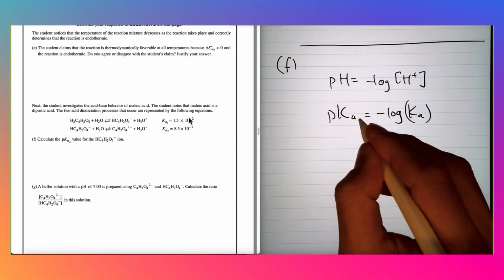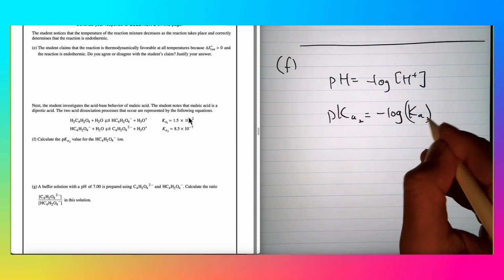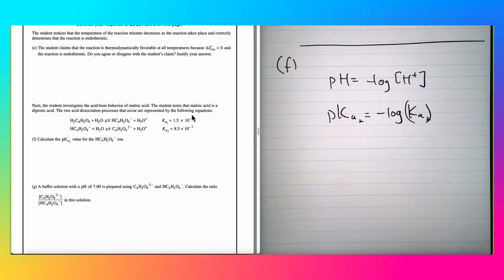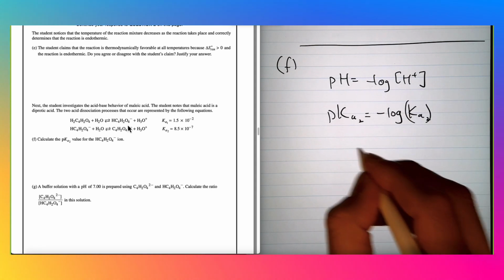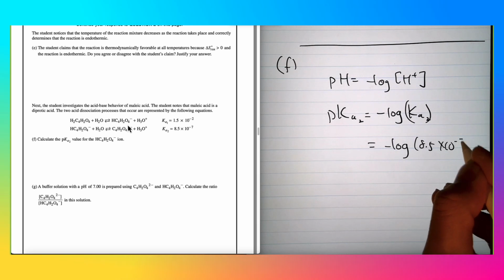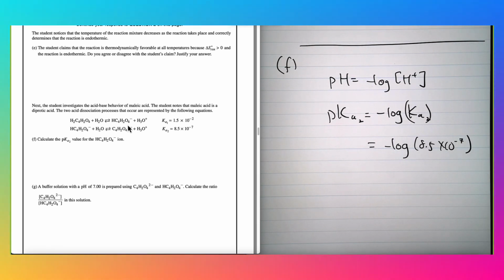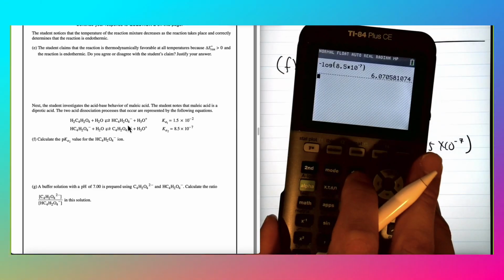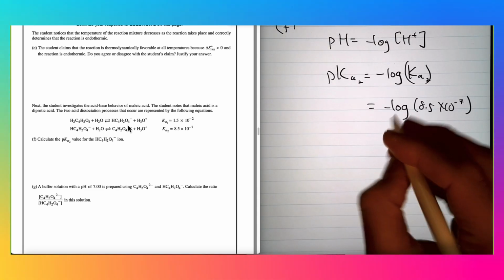So if you need to find the second one, Ka2, we look at the second row and plug in this Ka value. Negative log of 8.5 times 10 to the power of negative 7. When you put this in your calculator, I got 6.07.